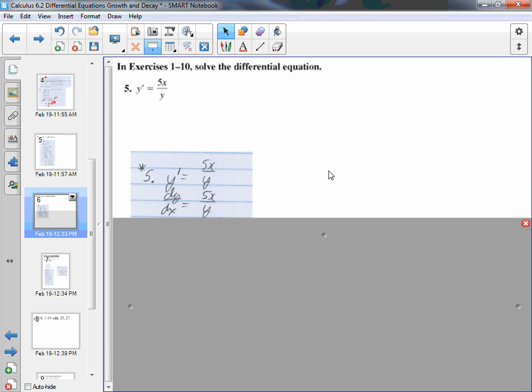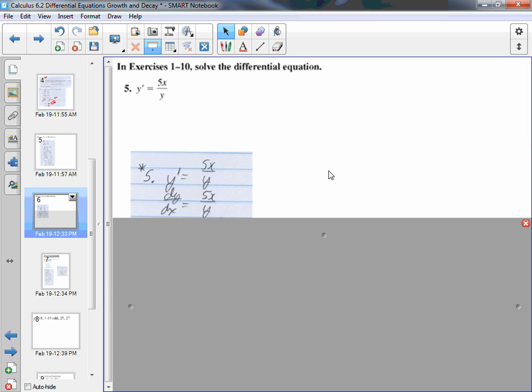And finish this one on your own. Separate the variables, then integrate both sides. In this one, I didn't actually solve for y. I got y squared equals is where I stopped.